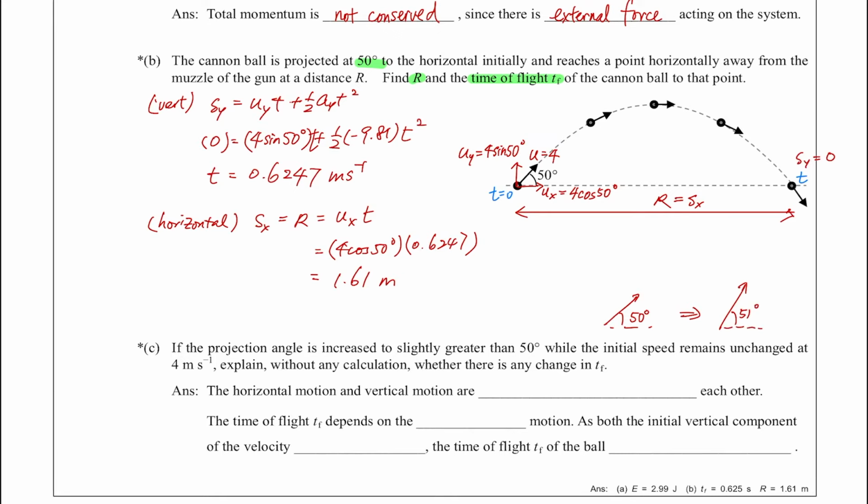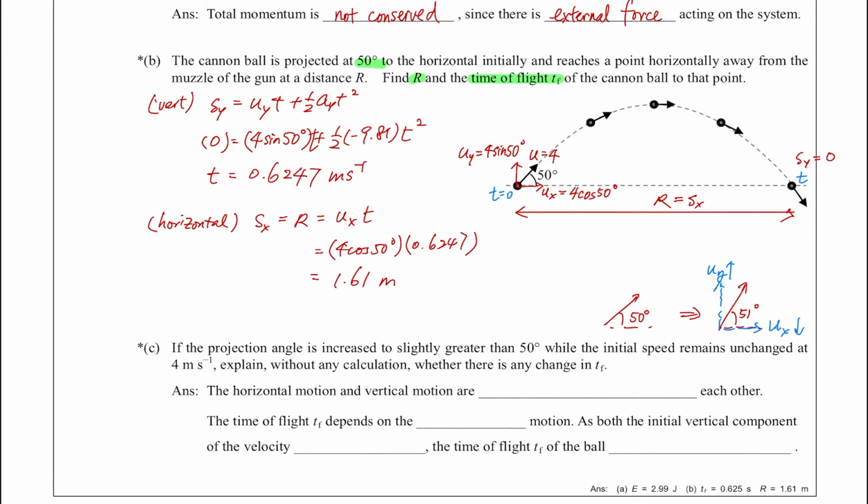In that case you can expect that there is a larger component of Uy and a smaller component of Ux. Uy will be larger, Ux will be smaller because it's pointing upwards a little bit.